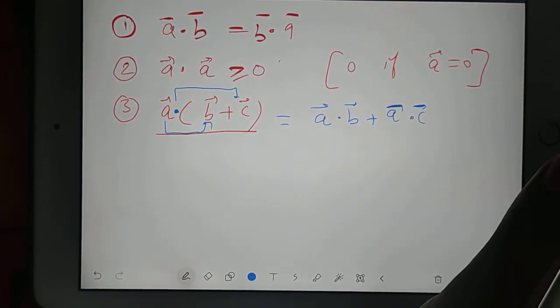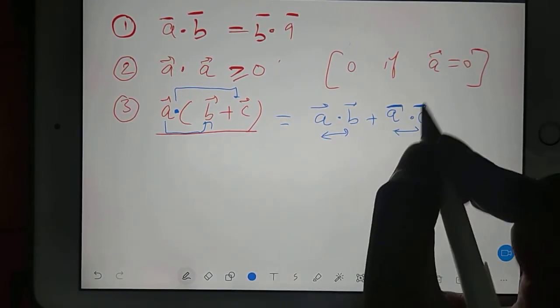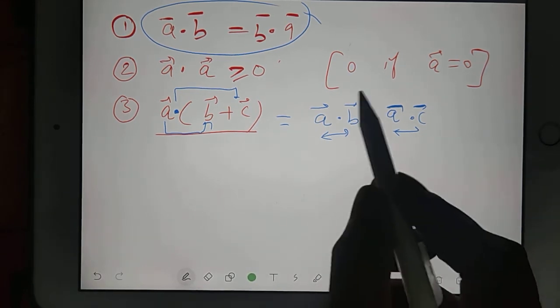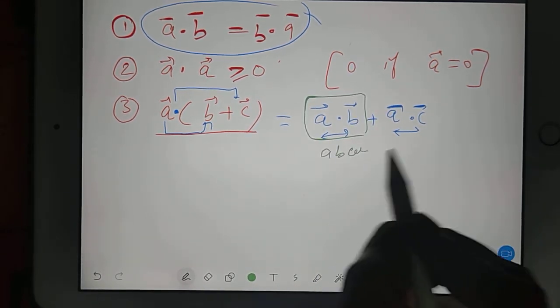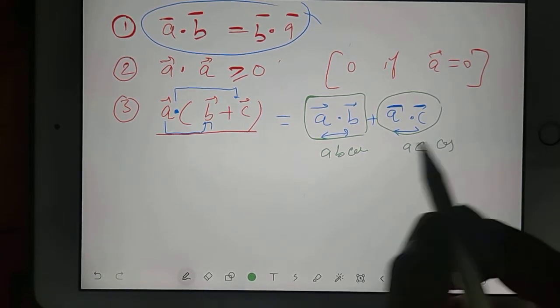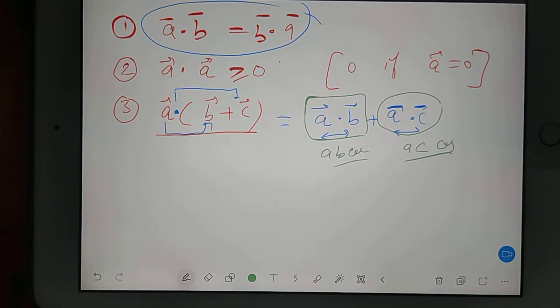We can do this, no problem in this. And the order can also be changed, because in dot product we have no problem. Yes, very good. Now we know the meaning of this: this is nothing but ab cos theta, and this is nothing but ac cos of some other angle, whatever angle is given. We know this.